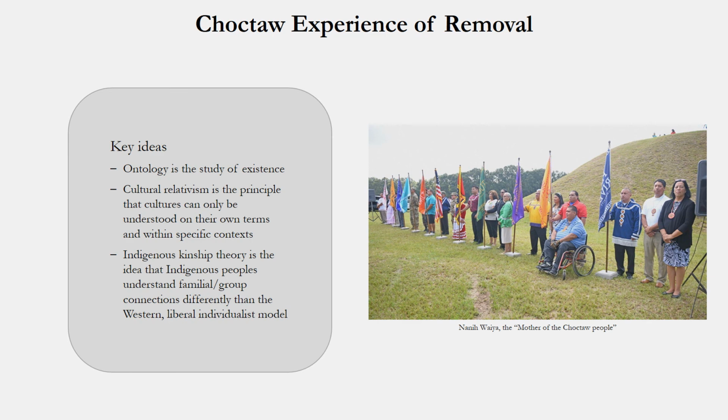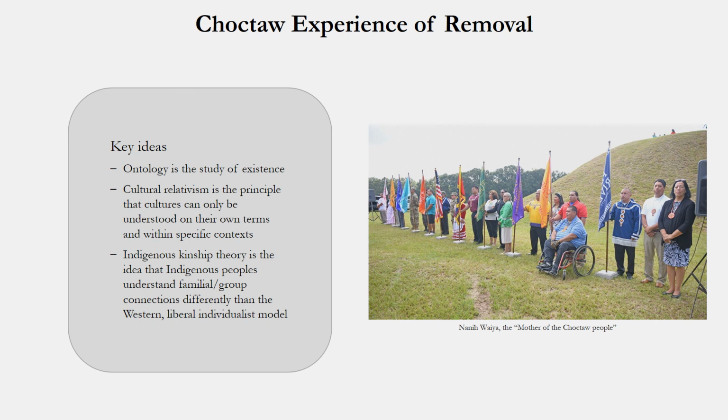As with most other indigenous ontologies, the Choctaw saw themselves as comprising biological kin, but fictive kin as well. Fictive kin is an important concept from cultural anthropology, and it refers to how peoples imagine genealogical connections with others. Fictive kin can even be extended to other-than-human life forms, landscapes, and waterways.